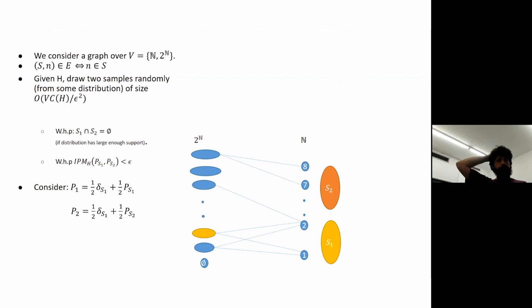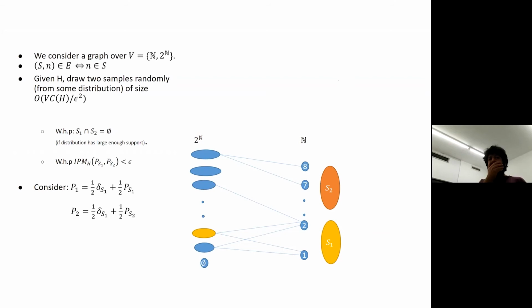So what's going to happen? Two things are going to happen with high probability. In particular, we're going to find some S1 and S2 that satisfy what I want. First, the two samples are going to be distinct. The intersection is going to be empty, because I drew two samples from a very, very large support.